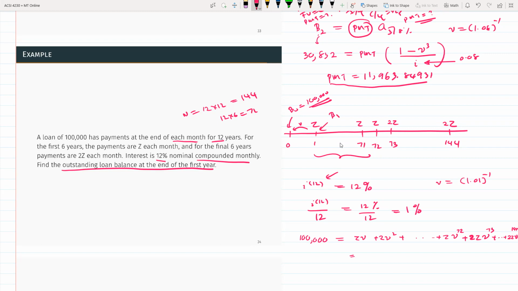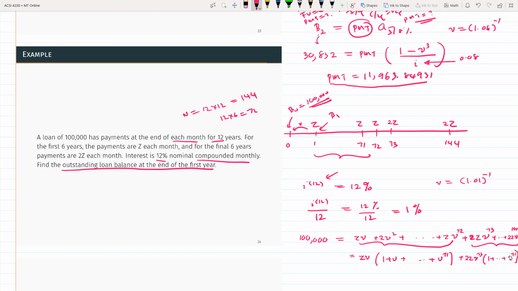You can apply the formula, or you can just calculate the value for this part separately and this part separately and add the values. For example, if I take the ZV out, I get 1 plus V plus all the way up to V to the 71. And for this part, if I take the 2Z V73 out, I would get 1 plus all the way up to V71.